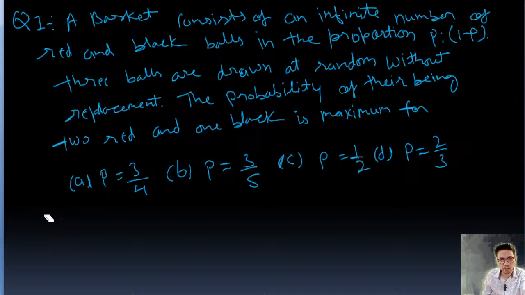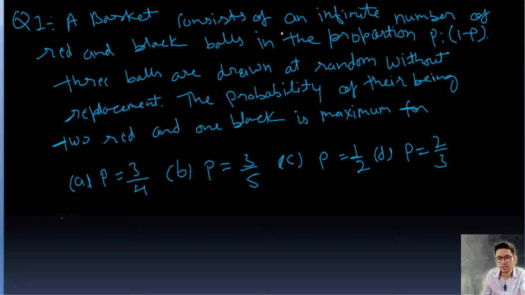Okay, so because the proportion is given, guys, the basket consists of an infinite number of red and black balls in proportion P and 1 minus P. So for a red ball it is P and for a black ball it is 1 minus P. So 2 red balls means we can say P into P, because the proportion is given.